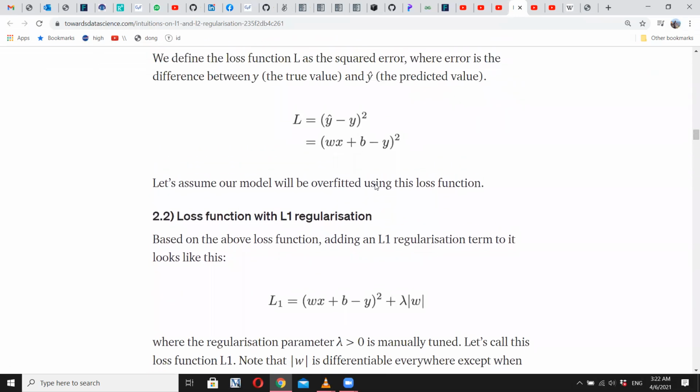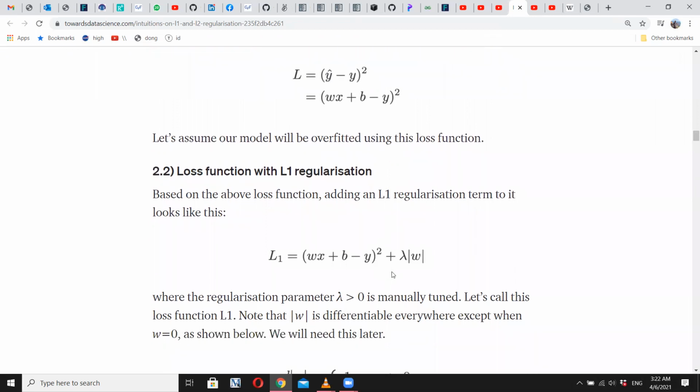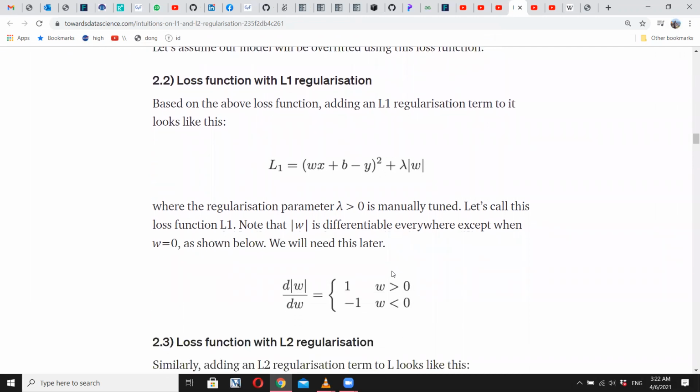And here the loss, or let's say the cost of a particular point, is pretty simple: just calculate the squared difference between your actual versus predicted points. But in L1 regularization, we are saying to add a penalty with respect to the absolute value of this W, right?